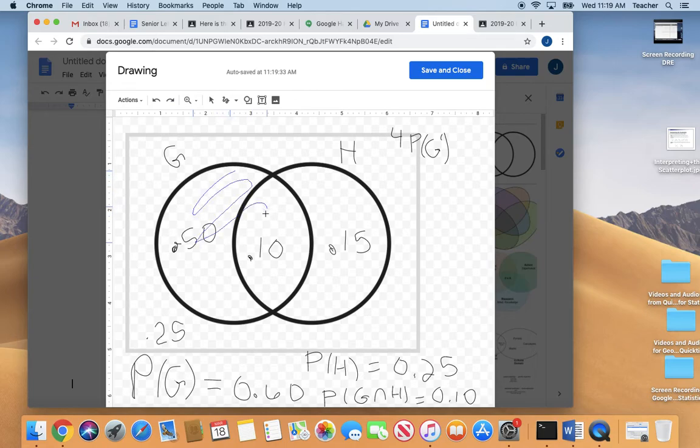everything in this whole circle right there is G. Okay, that's all inside the circle of G. So the probability of not G would be everything else.